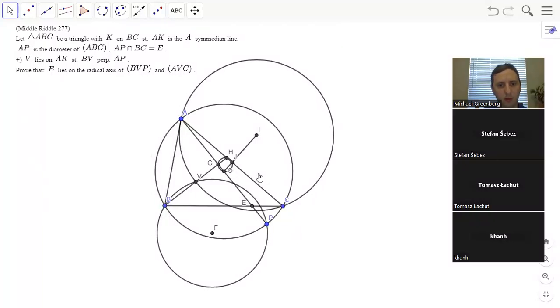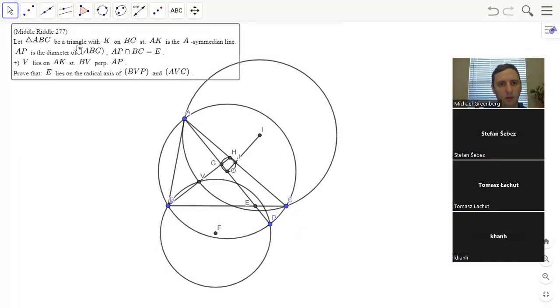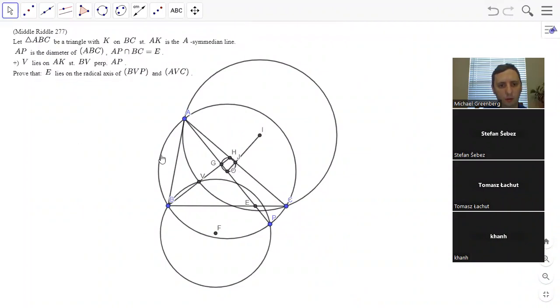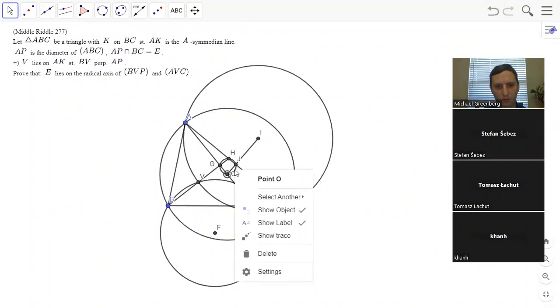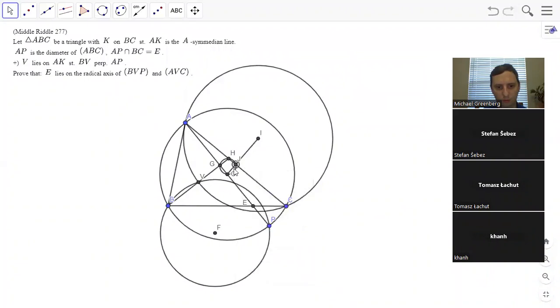I'm going to be using inversion. So we're going to find the image of the radical axis. I'm going to consider an inversion with the center V, and the power is the power of V with respect to ABC. Sorry, it's a negative inversion.